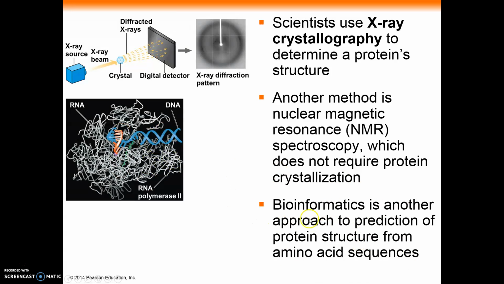So the more structures we get, the more powerful bioinformatics becomes. So that is something that is growing every day. Ultimately, our hope is to simply be able to look at the amino acid sequence and, like nature does in folding the protein, be able to model how that protein would behave and construct a model based upon that.